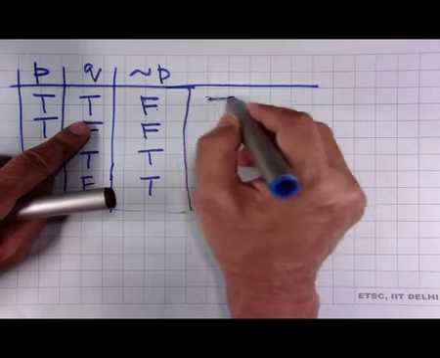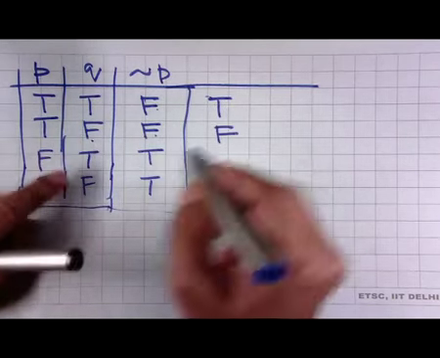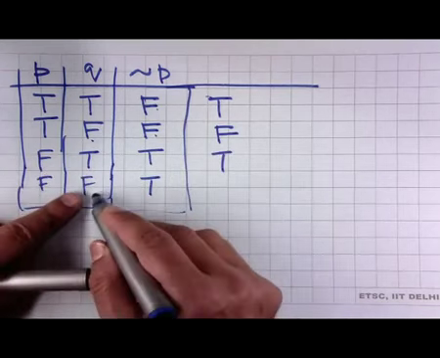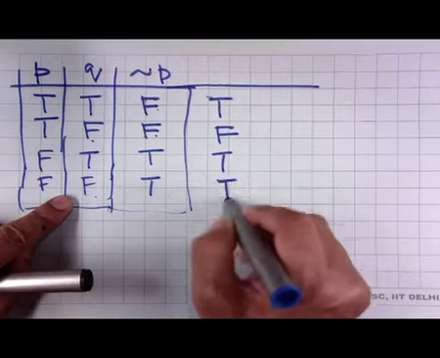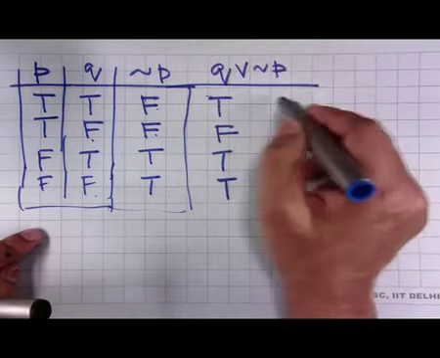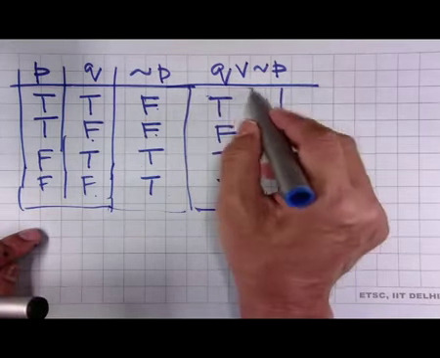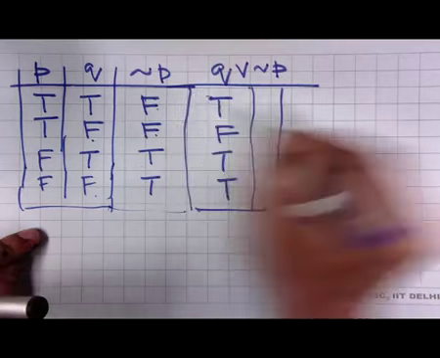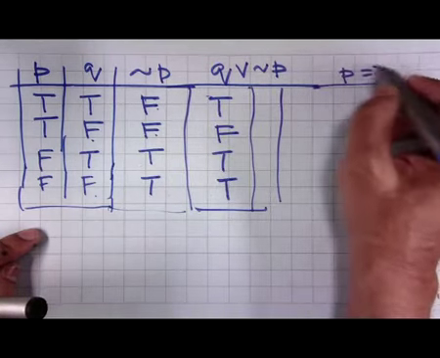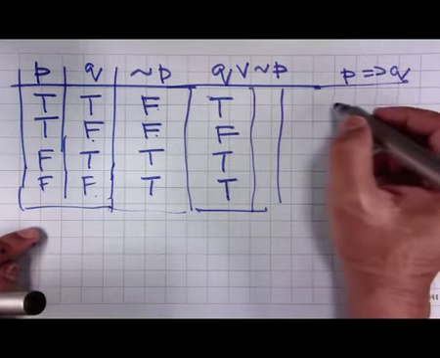This or this is true. This is F, this is F. So, this is F. It is true or true, which is true, and this is F and T, which is true. So, this is Q or not P, and this is precisely the truth values of P implies Q. So, P implies Q, which is equivalent to Q or not P, has following truth value.